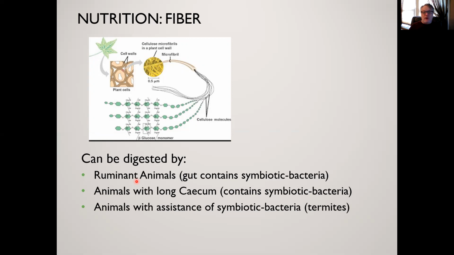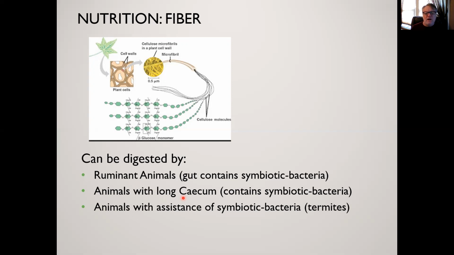Other animals that are not ruminants that are also consuming a lot of fiber in order to extract the nutrition from it need to have a long cecum. So animals like the rabbit that we saw, but also animals like the koala bear eating bamboo leaves, will have a very, very long cecum because that cecum contains these bacteria.